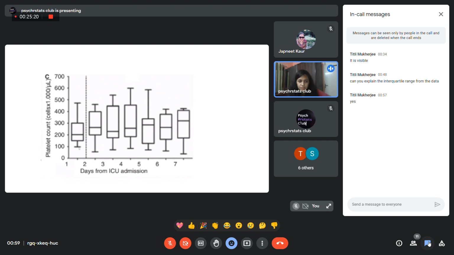And these are called whiskers. This tail is the maximum value, and this is the minimum value. So if you wanted to take the range of the entire platelet count between first and second day, you could just subtract the lower value from this upper value.